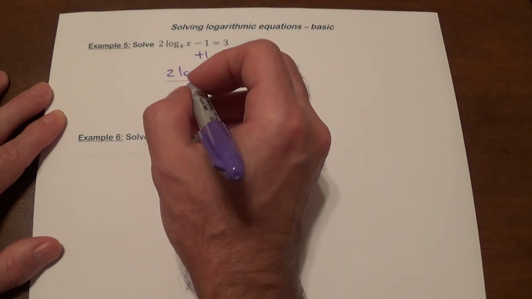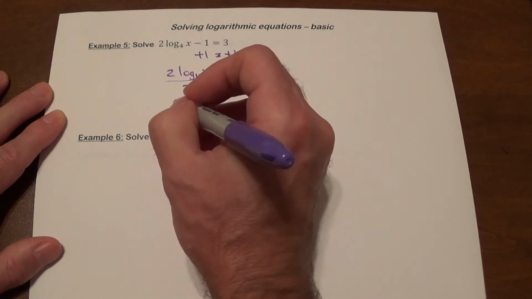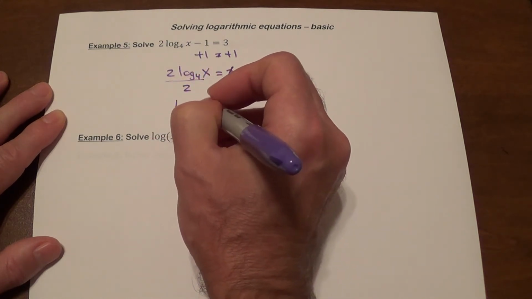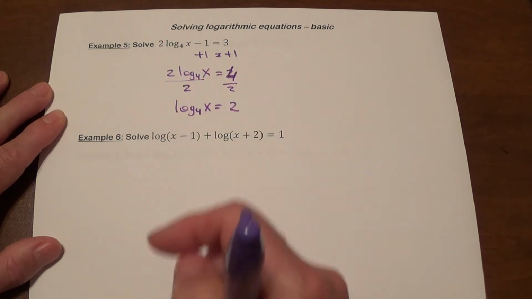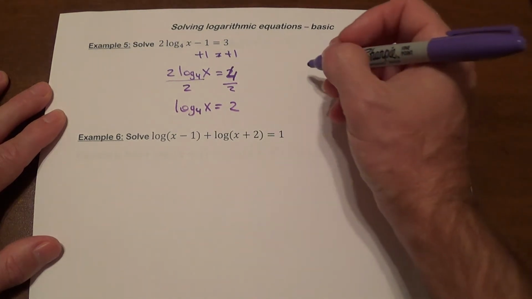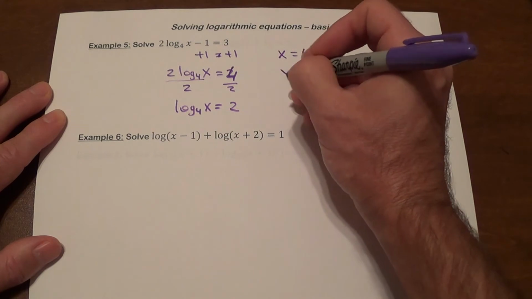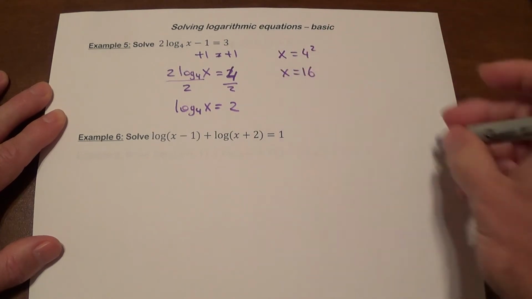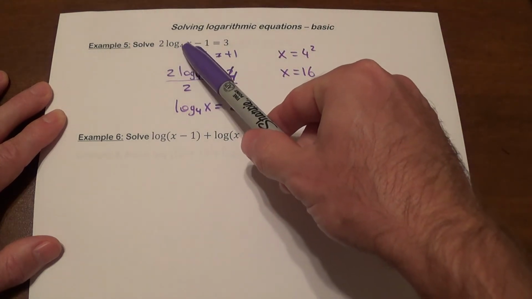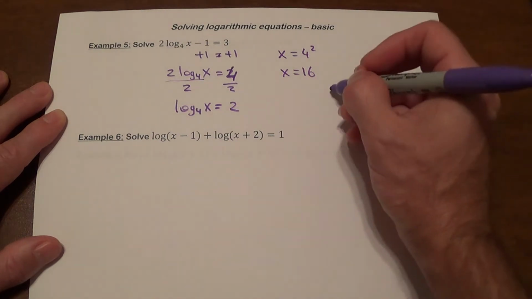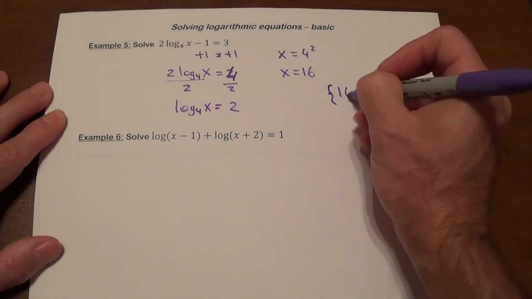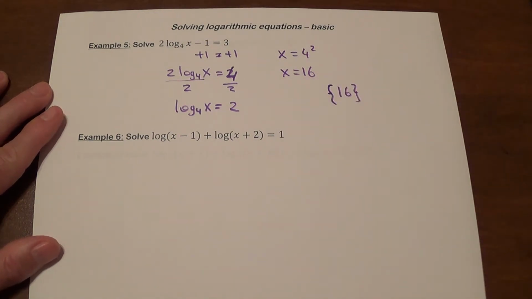We need to get rid of that 2. That means log base 4 of x equals 2. And now we can see that x is going to be 4 squared, which means x is 16. No problem with a number inside of log being negative. 16 is going to be the answer.